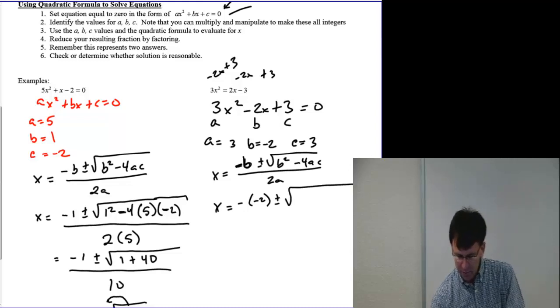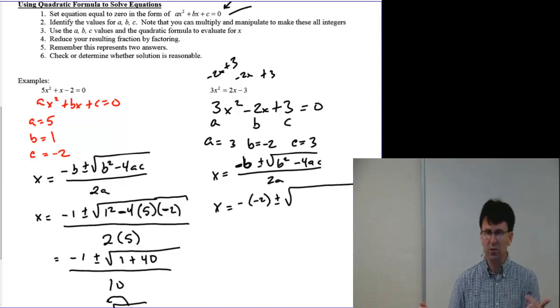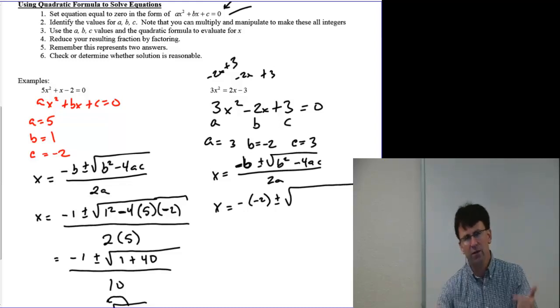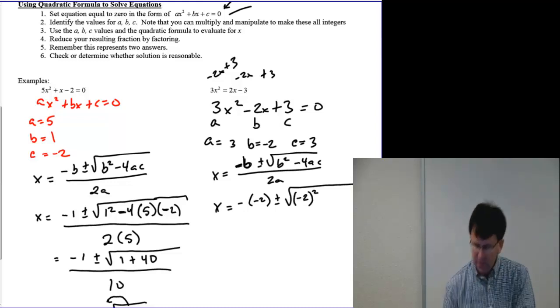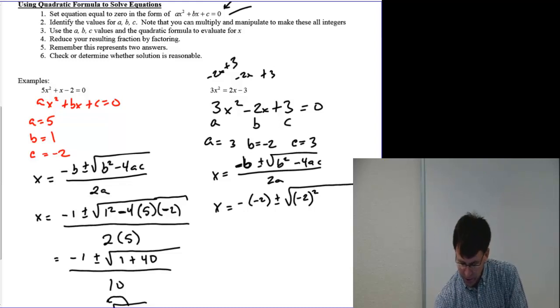Over 2a, plus or minus the square root of b squared. Now, who's getting squared here is the value of b. And in this case, b is taking on negative 2. So that's a negative 2 squared. And that negative 2 is inside that square, so it's going to end up becoming a positive 4.